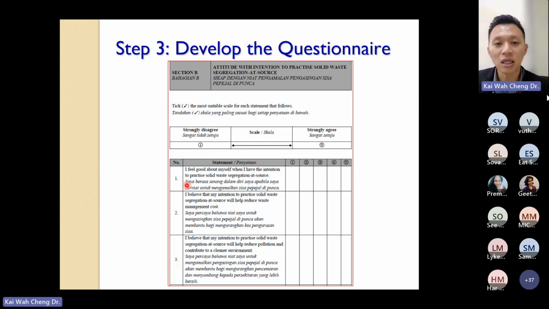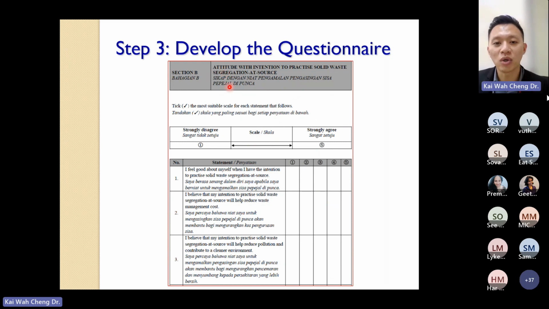So in a questionnaire, we will tell the respondent what these items are all about. For example, question 1, question 2, question 3. These 3 questions will be used to test the attitude variable in this research.